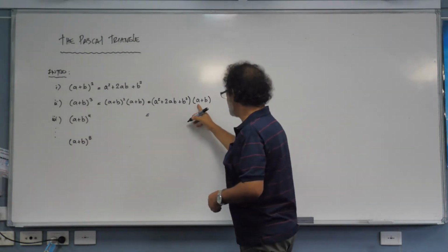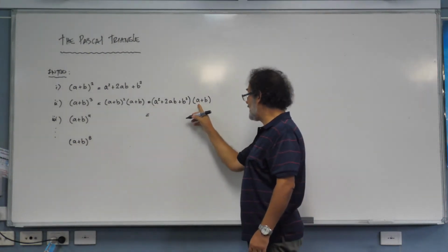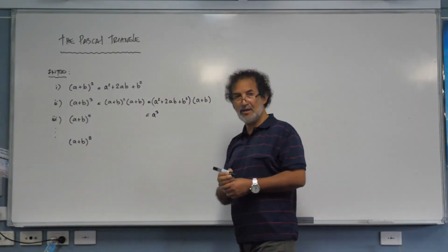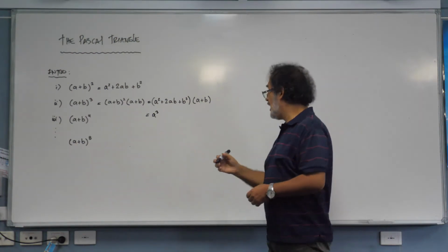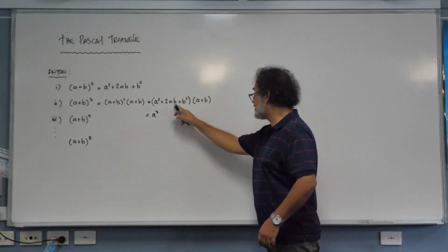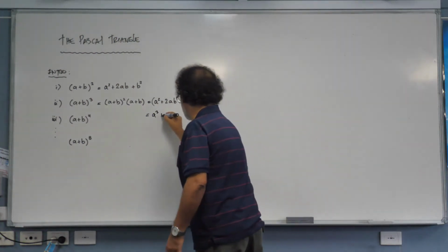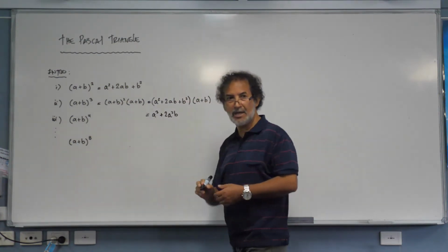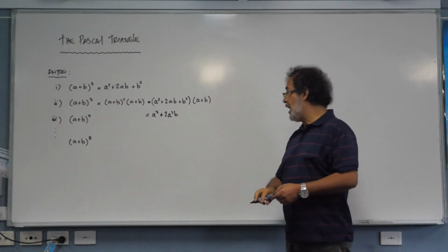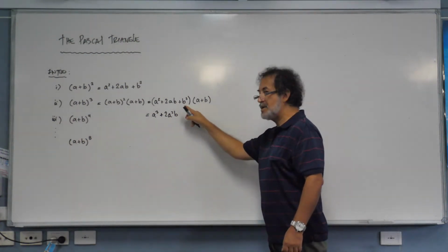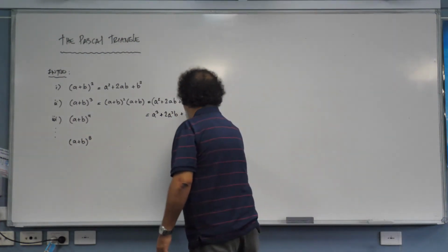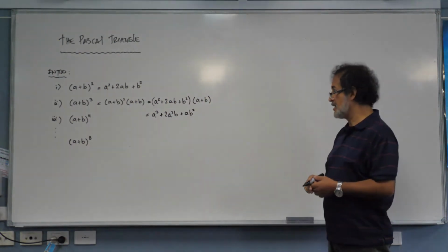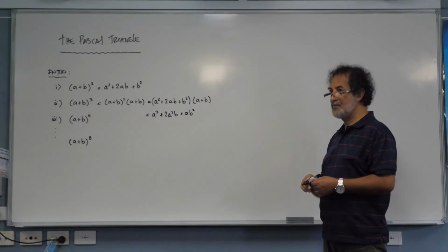If you multiply a by a squared, it's going to be a cubed. Then we multiply a by 2ab, which gives you 2a squared b. If you multiply a by b squared, that gives you ab squared. And then we finish with the a.